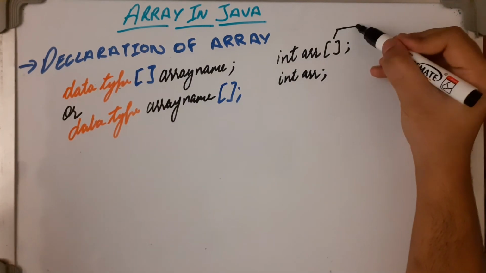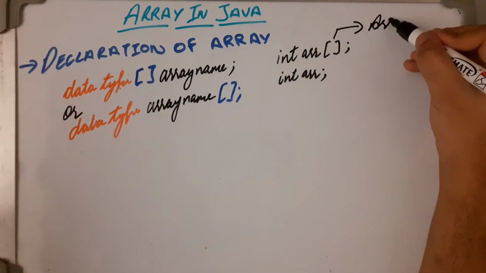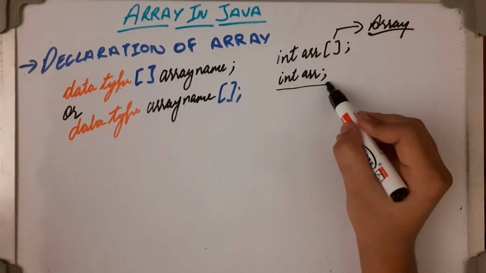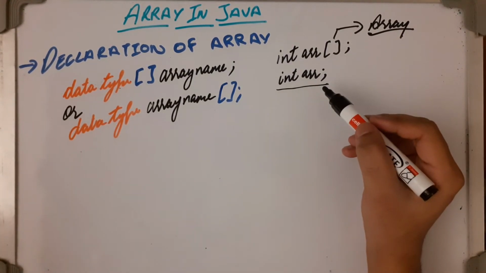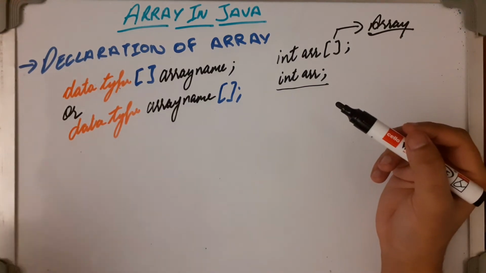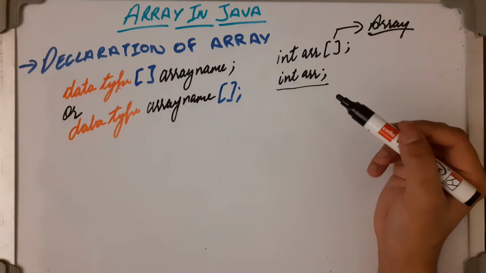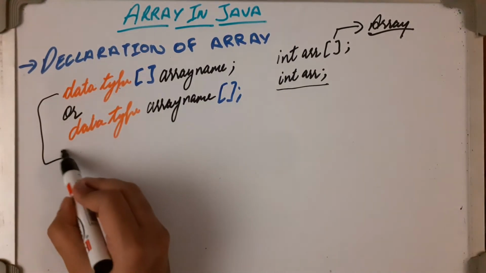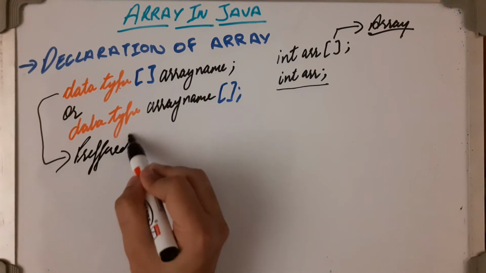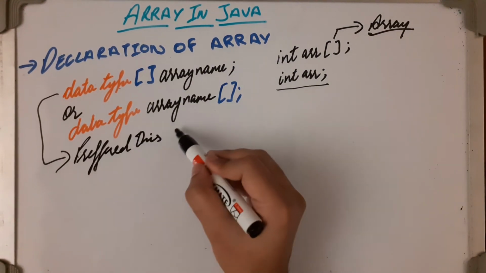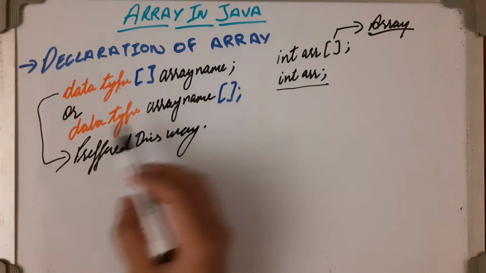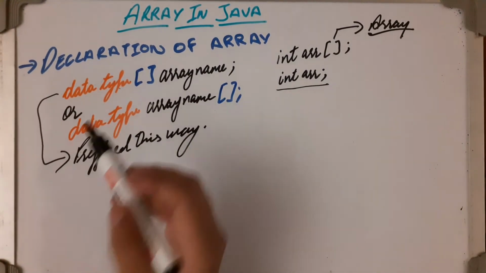So the square braces mean this is an array, and this means this is a normal variable, not an array type. Now we will see the two ways and what is the preferred way. I usually prefer this way; this is the preferred way to declare an array. It doesn't mean that the other will not run, both will run, but the preferred way is this way.